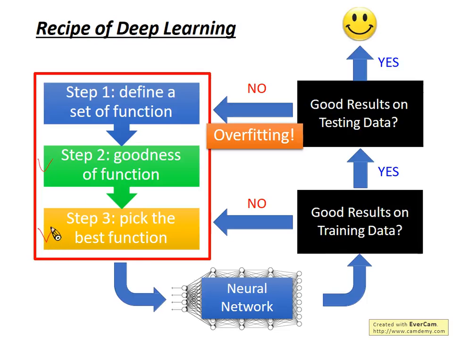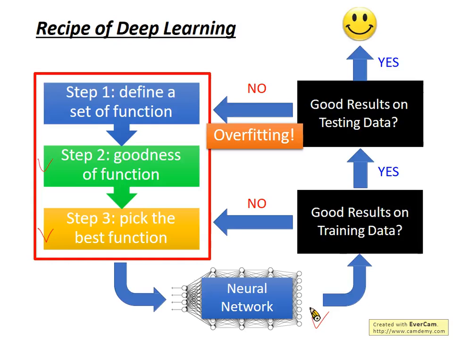And then we will use the gradient descent algorithm to pick the best function, so that by giving a set of training data and the ground truth, we can construct a neural network. Okay, so when we finish the training, we need to examine whether the constructed neural network is good or not.